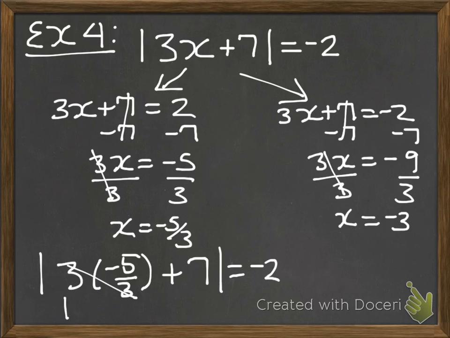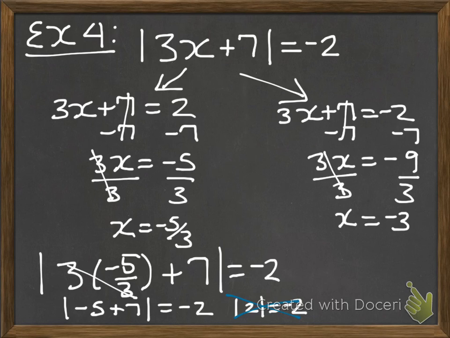I'm going to have the absolute value of negative 5 plus 7 equals negative 2. And that leaves me with the absolute value of positive 2 equals negative 2, which is not true. Okay, so that solution did not work.